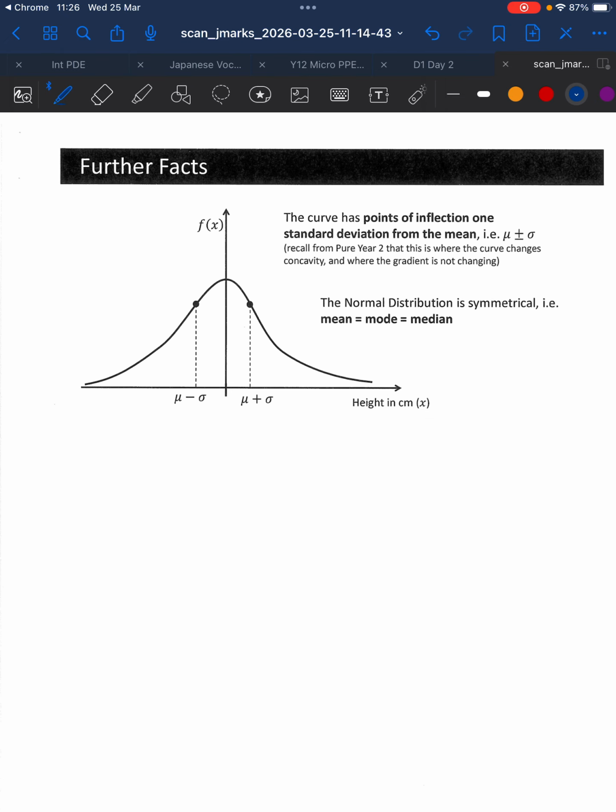Some other characteristics. So we know that mu is the center of it. If we go up by 1 standard deviation or we go down by 1 standard deviation, we will find that there are points of inflection. So points of inflection, you may know from year 2 differentiation.